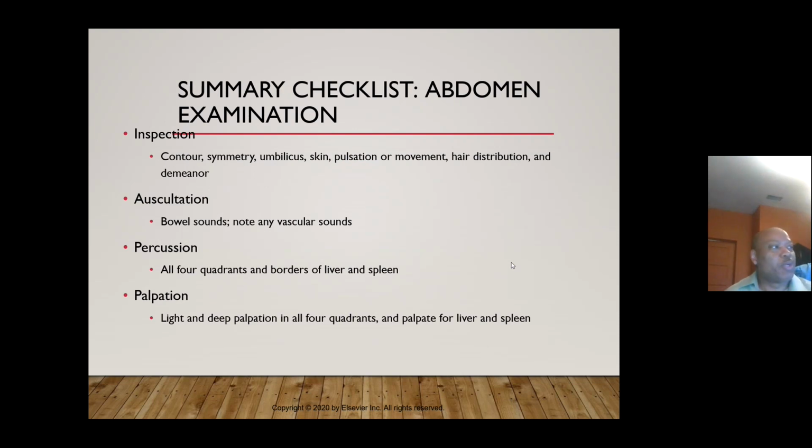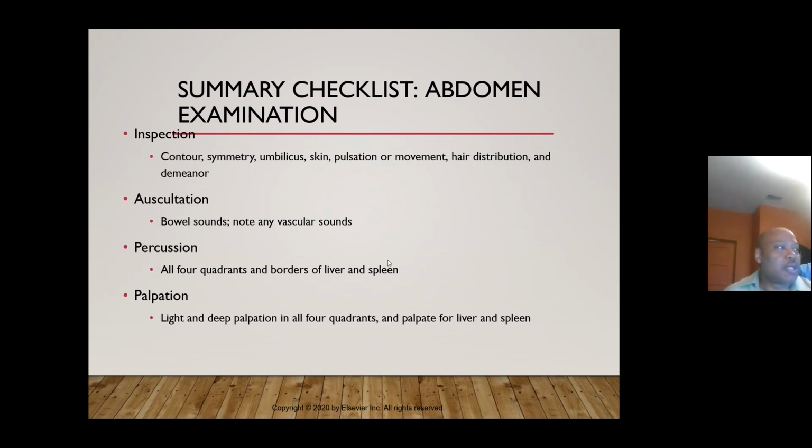As far as inspection, we're looking at the contour of the abdomen. Is there symmetry? We also look at the umbilicus. What does the skin look like? Are there any pulsations or movement? What about hair distribution and also demeanor of your patient? Do they look like they're in pain? Do they look miserable, if you will?